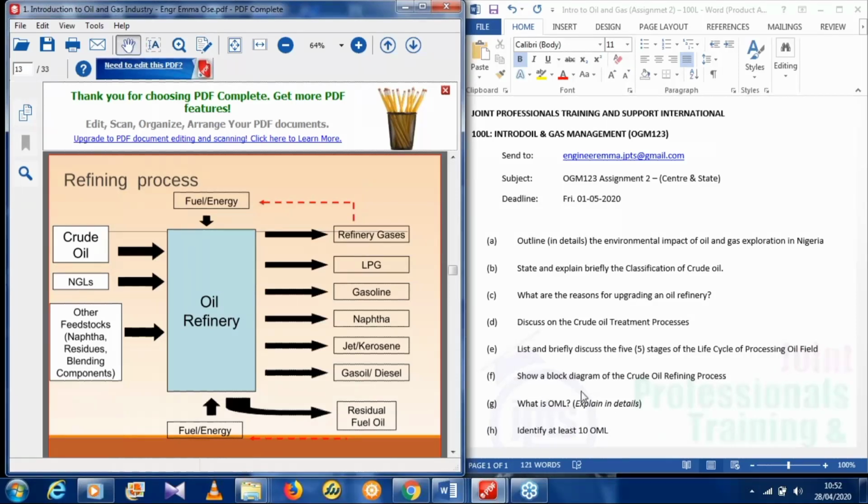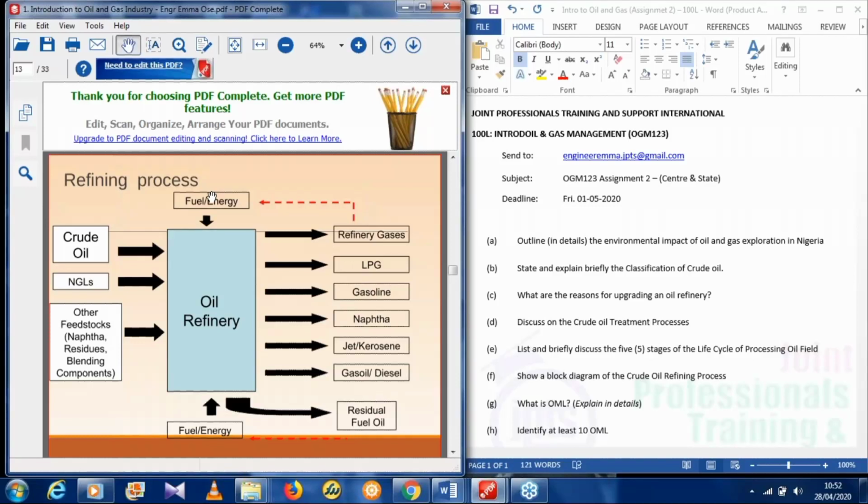There's something I'll be talking about in the next class when we discuss OML, and I'll give you that to read ahead before we come to the next class. Most of the activities we have in the downstream happen in onshore operations.